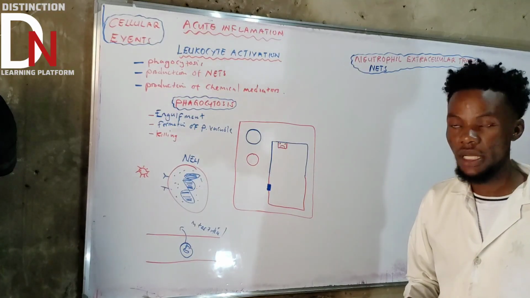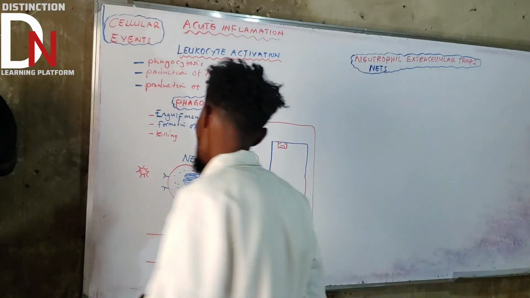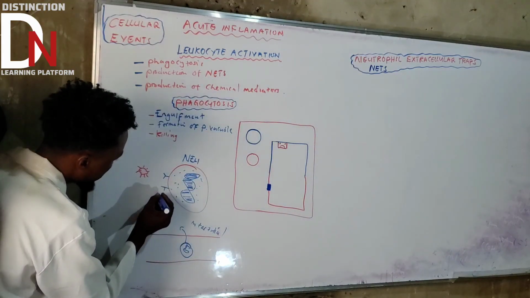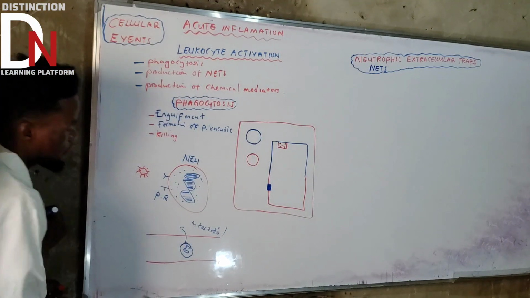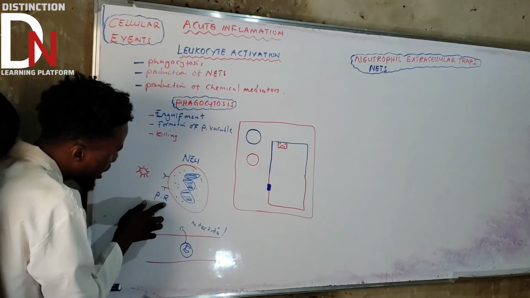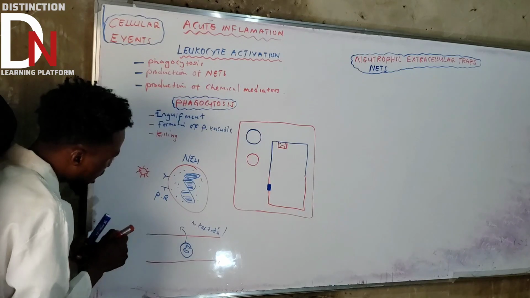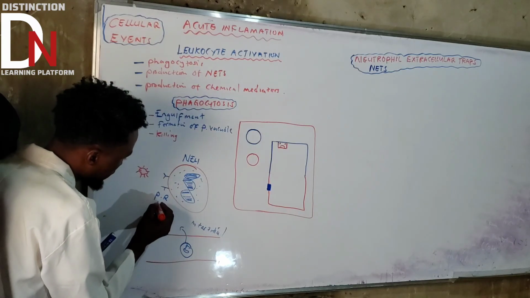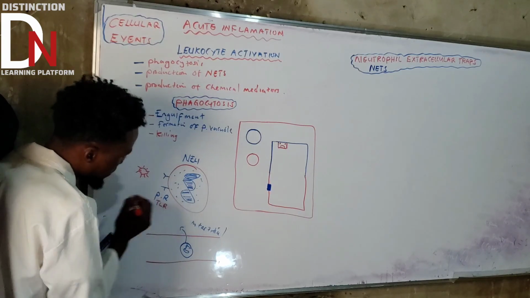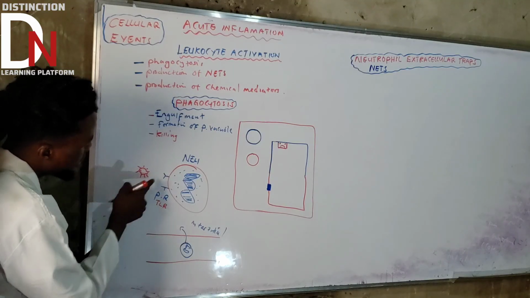So there are a lot of receptors. Let's just call them phagocyte receptors. These are the ones that are going to recognize this one. A good example is toll-like receptors. Okay, these are the ones.